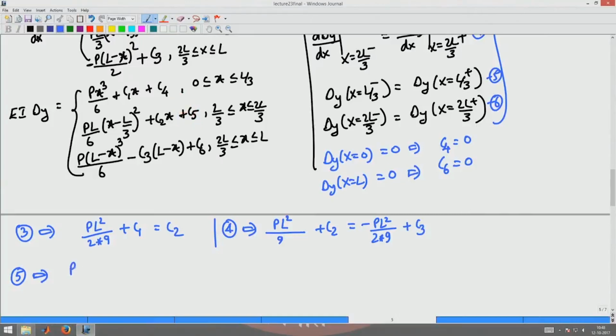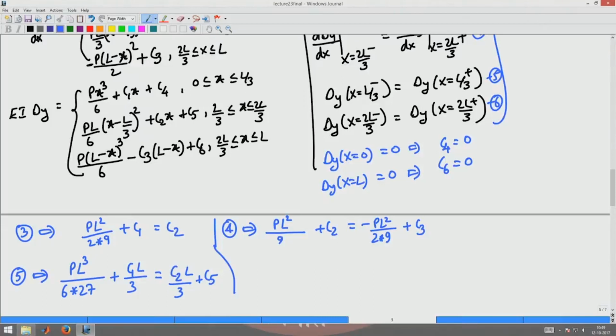So that will be P L cube by 6 into 27 plus C1 into L by 3, C4 is 0, must be equal to, at L by 3 plus this is 0, so that will be C2 into L by 3 plus C5.